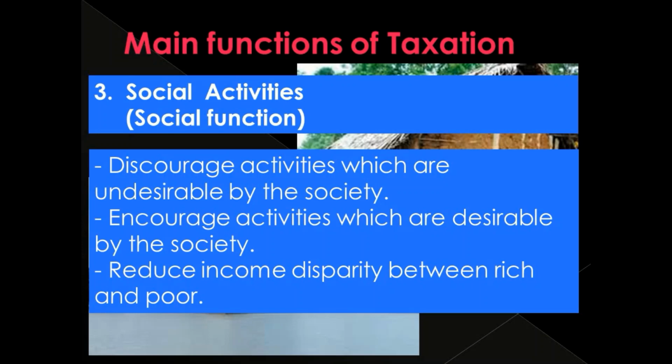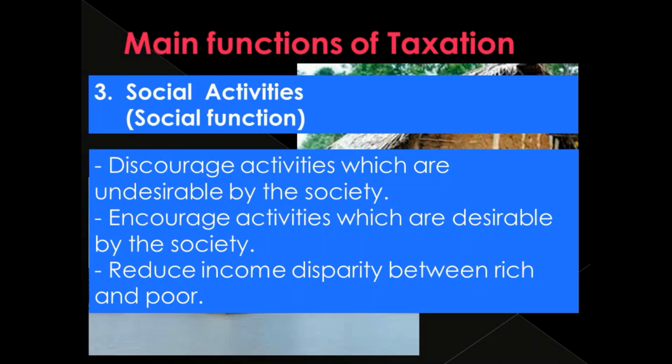So when it comes to this first example and the second example, it says something about discouraging some activities and encouraging some activities. As we have discussed earlier as well, discouraging activities means if the society is rejecting some activities, if they are not demanding some activities, then the government can increase the tax. So when it comes to discouraging activities and encouraging activities, the government can decide whether the respective activity is important for the country or not.